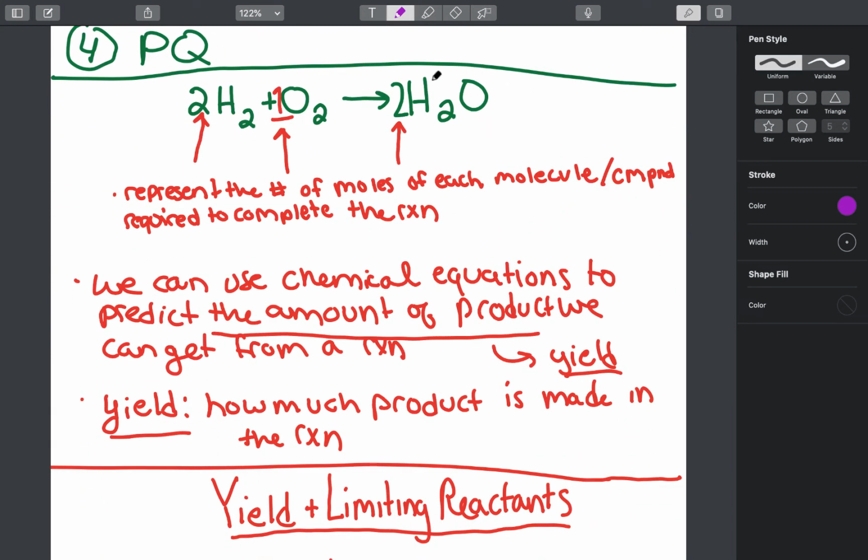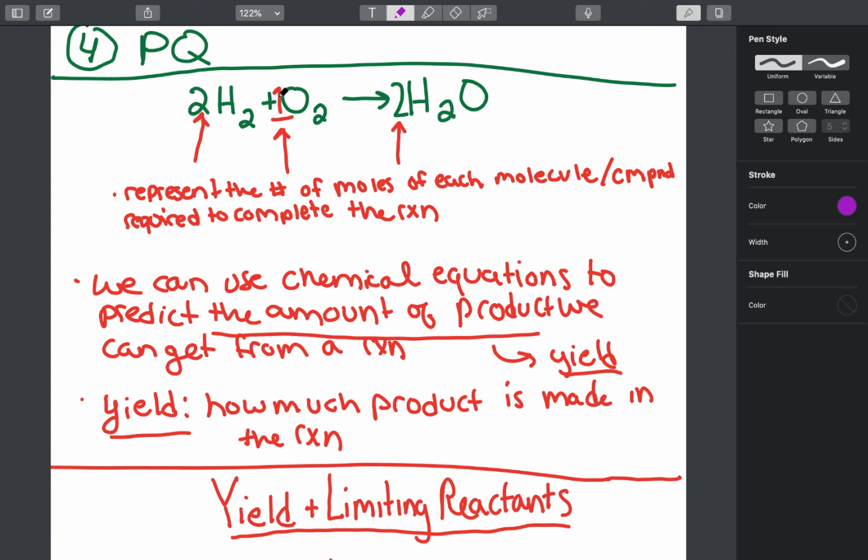Now I already wrote some stuff here just to decrease the length of this video, but we're going to go over it together. So remember that we talked a lot about chemical equations, and chemical equations are used to represent a particular chemical reaction. And oftentimes in a chemical equation you'll see these coefficients next to the different reactants and products.